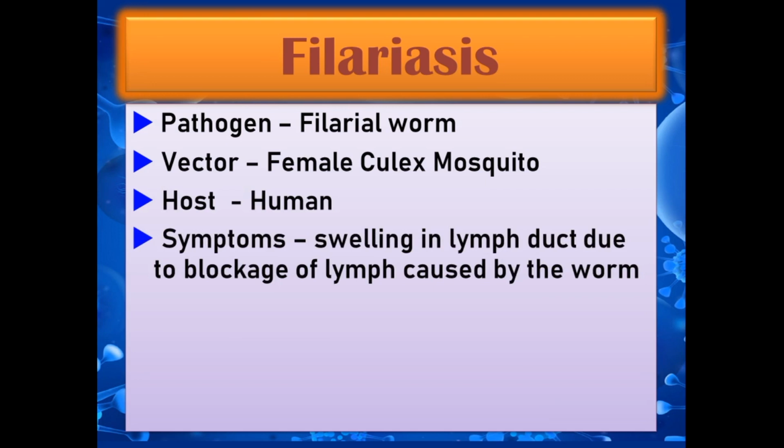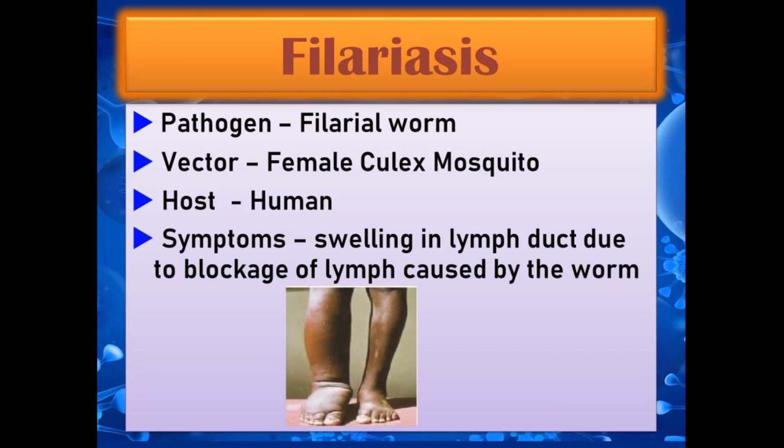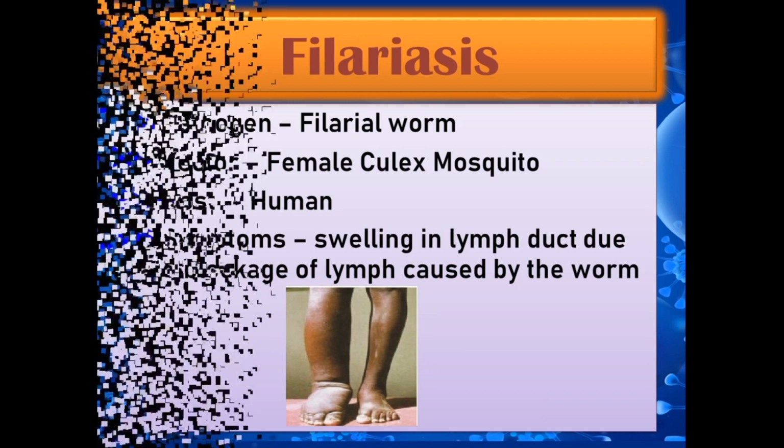The symptoms include swelling in lymph duct due to blockage of lymph caused by the worm. Usually the symptoms appear as swollen legs, especially in the lymph duct in the leg region, and it will lead to infections and inflammations.